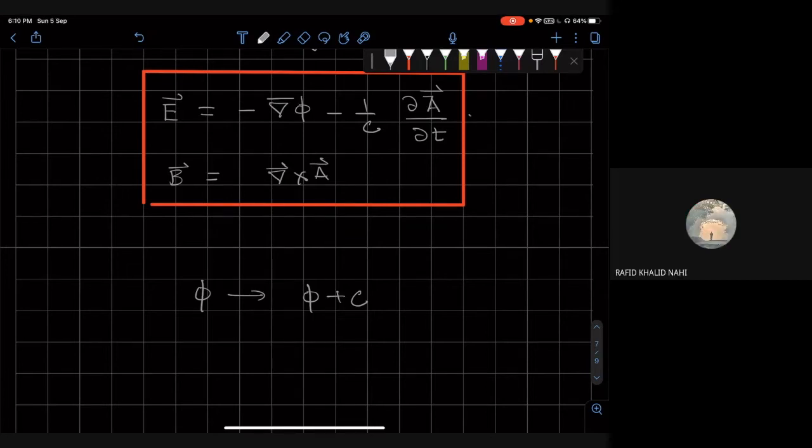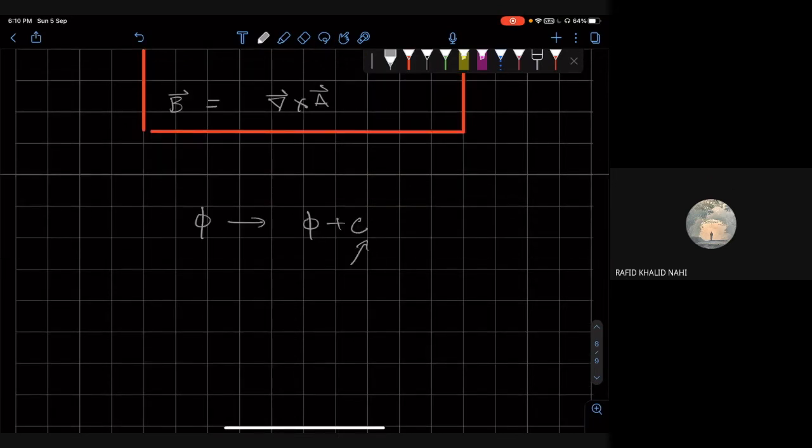But if I were to reformulate that in terms of potential, what would we measure? We measure potential difference, right? So if we add, say, a constant to a potential, then in the potential difference, that constant does not contribute, right? And that's why we can arbitrarily assign, say, zero potential energy to a charge at infinity, right? Because we are adding some constant. So that's a kind of an ambiguity in the potential.